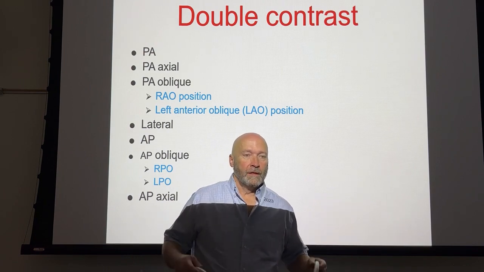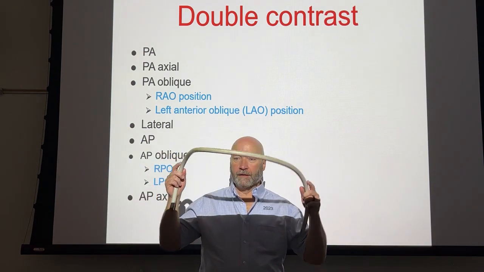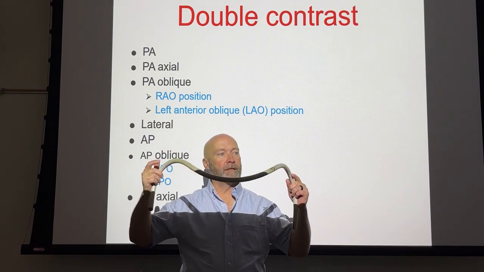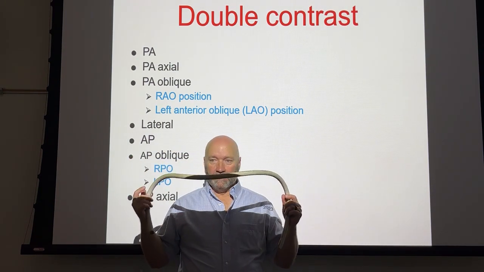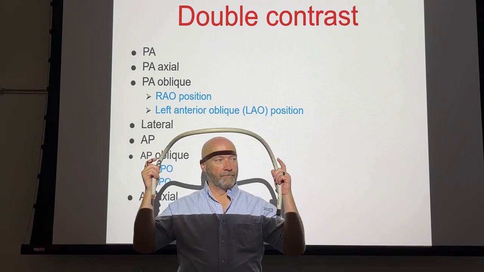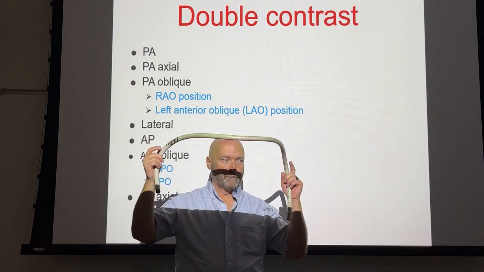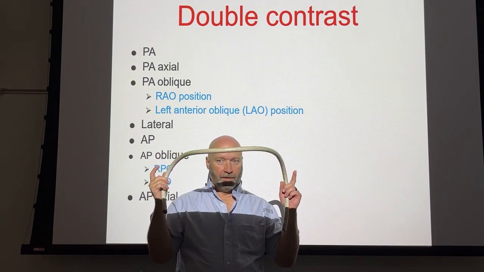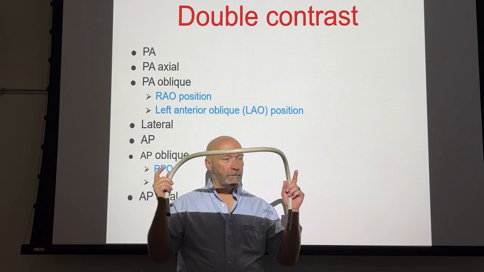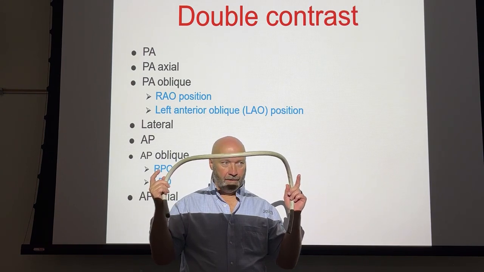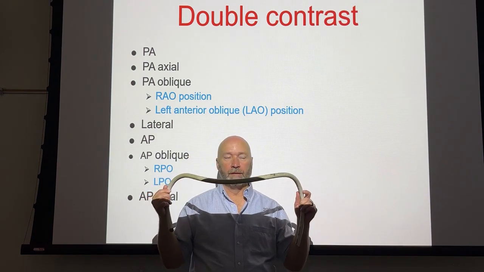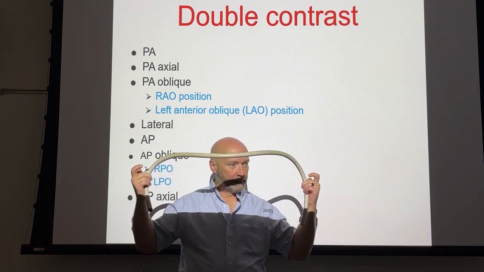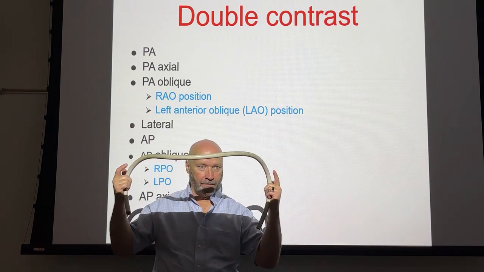So if we shoot AP, we fill the patient's colon with barium, empty the barium, and fill it with air, then for the AP, where's the air going to be? It's going to be up, right? So what part of the colon is up? Transverse colon, right? So the barium is going to be in the ascending and descending colon, and the air is going to be in the transverse colon, right?